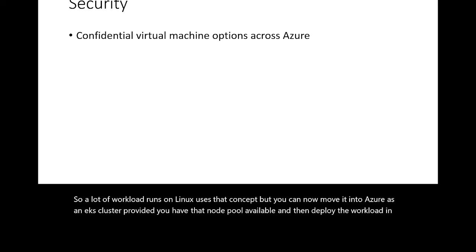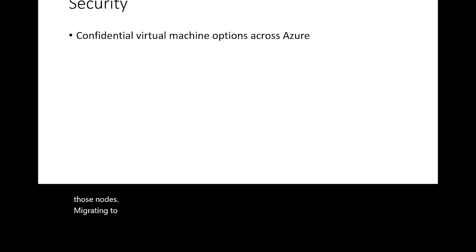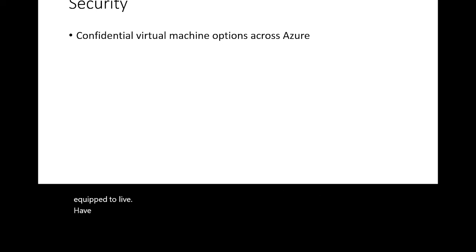Migrating to AKS means that you can now opt into highly scalable, full AKS feature parity without the overhead of changing code or performance degradation. AKS is now equipped to have confidential computing and non-confidential computing node pools in a single cluster.